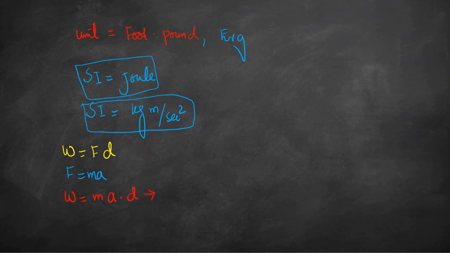Consider this as equation number 1. As you know, acceleration is the change of velocity in unit time, or the rate of change of velocity. The unit of velocity is meter per second and the unit of time is second, so the unit of acceleration is meter per second square.